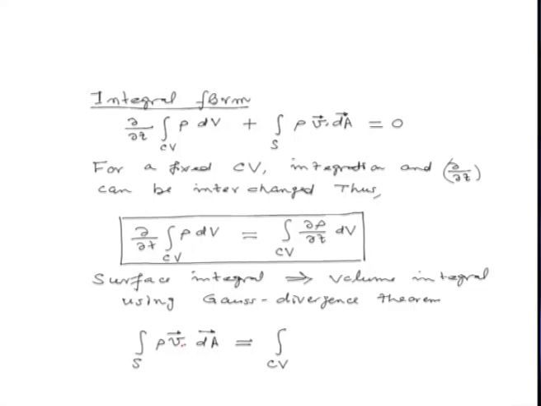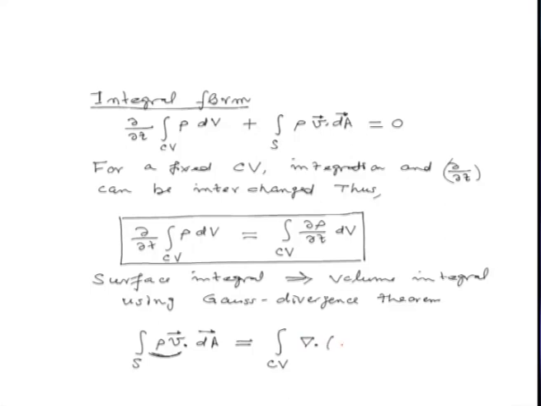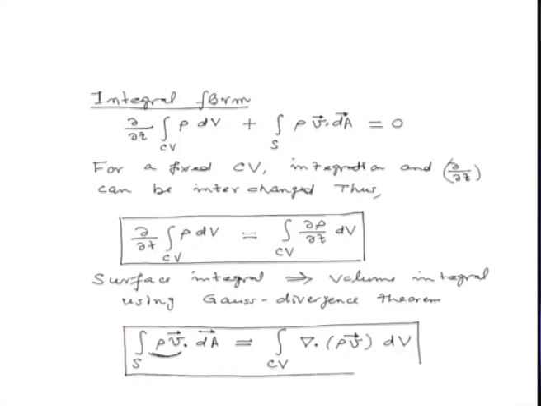Just remember that whatever we have to the left of our dot operator, we have to take divergence of that quantity. So, it simply becomes divergence of rho v dV. That is how we have transformed our surface integral into a corresponding volume integral.